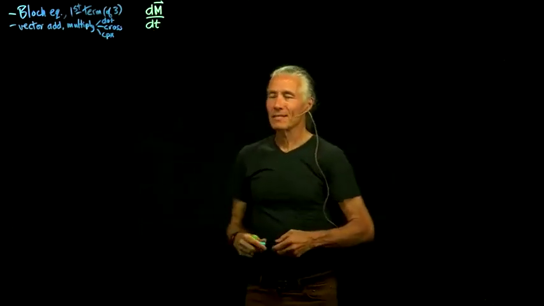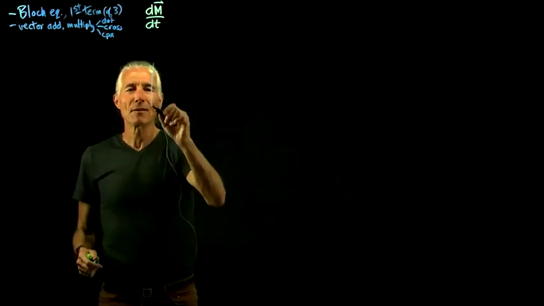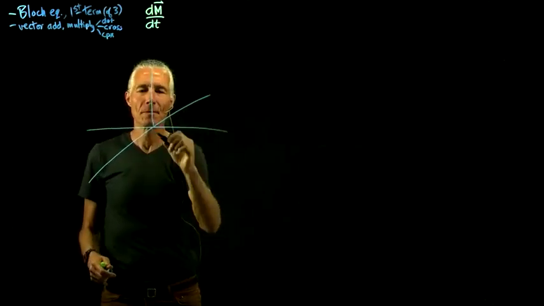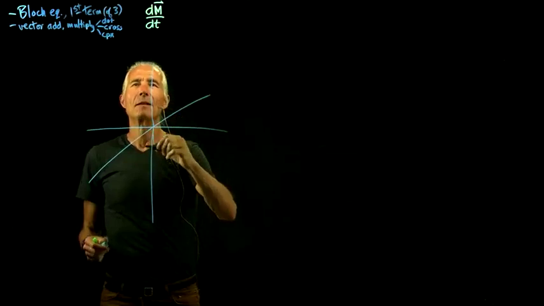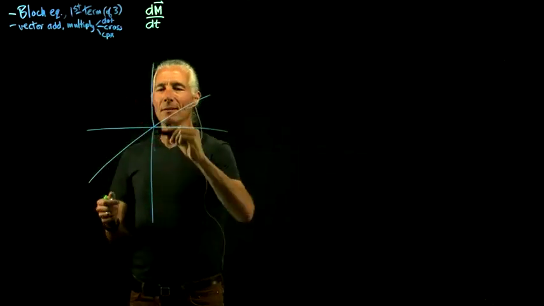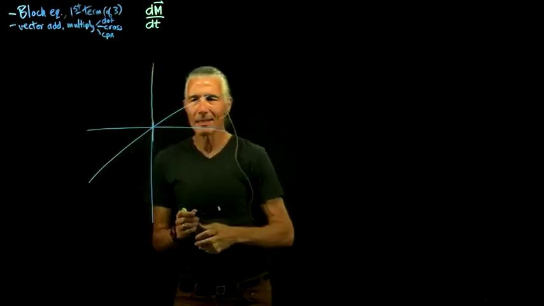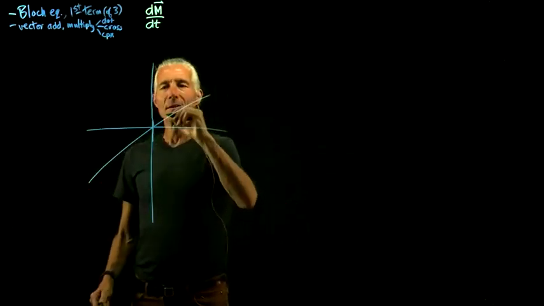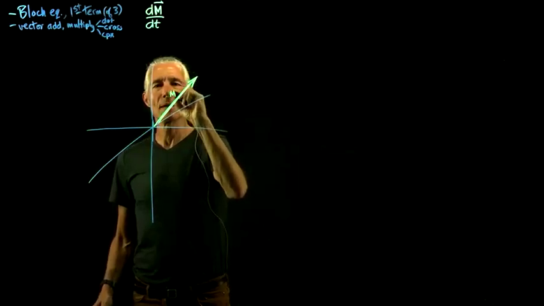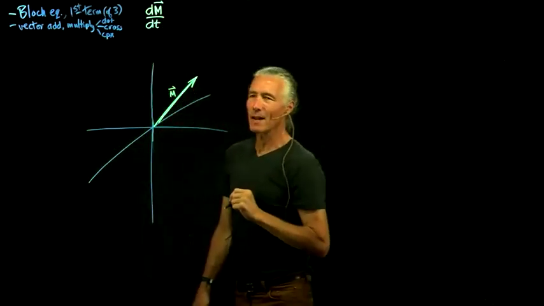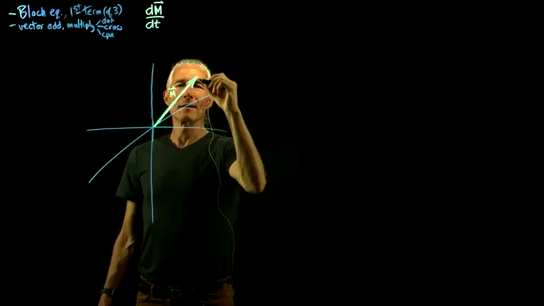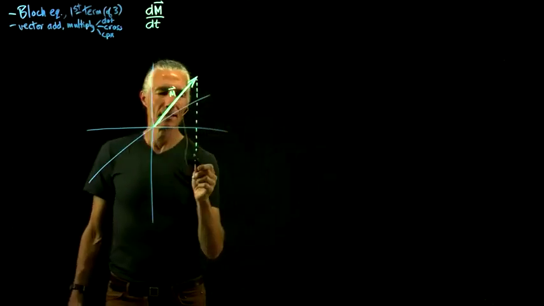And so what does that mean? If we draw out a little coordinate system here, why does that thing have three numbers to it? So let's draw out an m vector. Here's an m vector sticking up like that. That guy is an m, not a dm dt, an m. That also has three numbers. And what are those three numbers?